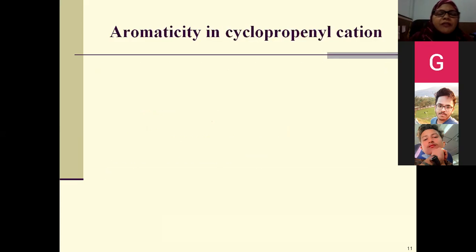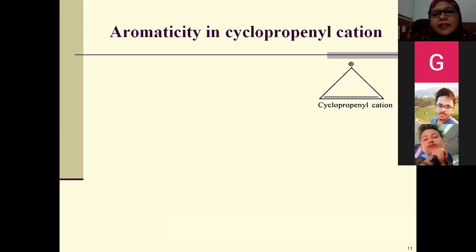Okay, now we are going to see another example, aromaticity in the cyclopropenyl cation. This is the structure of this compound. The first question is whether it is cyclic. Yes, it's a cyclic compound.